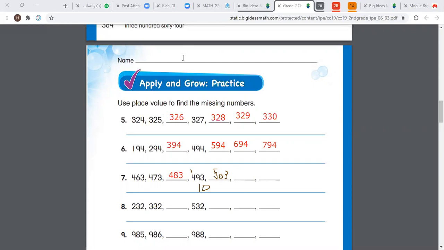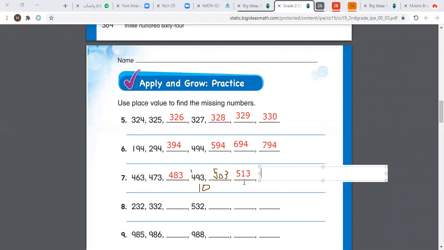503 plus 10 equals what number? 513. That's right. Very good. 513 plus 10 equals what number? Yes, increase 1 in the tens now.